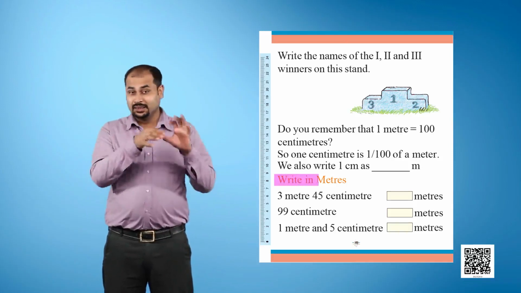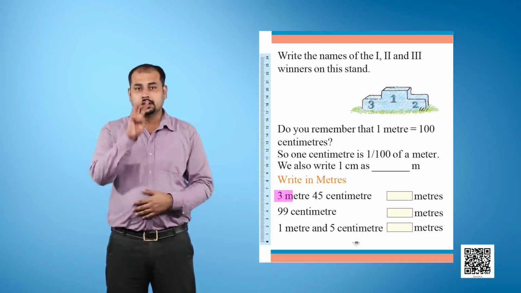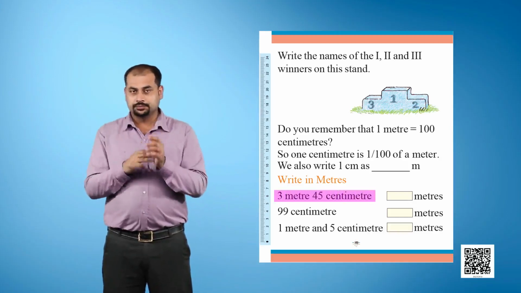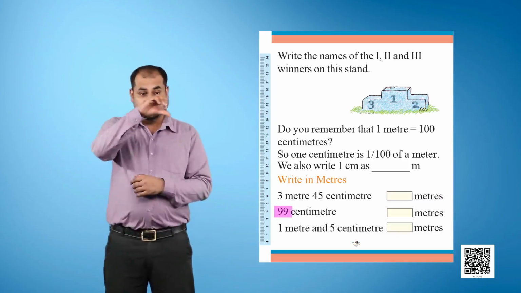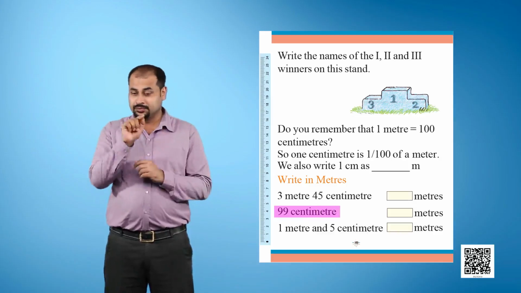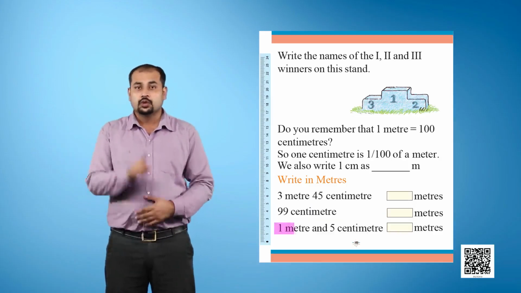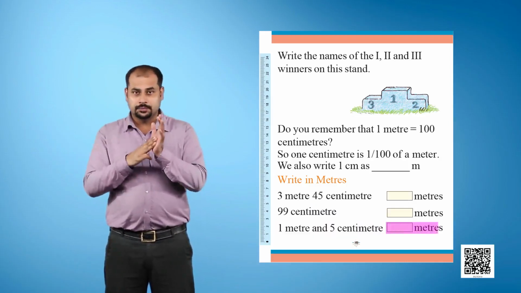Write in meters. 3 meter 45 centimeter. Dash meters. 99 centimeter dash meters. 1 meter and 5 centimeter dash meters.